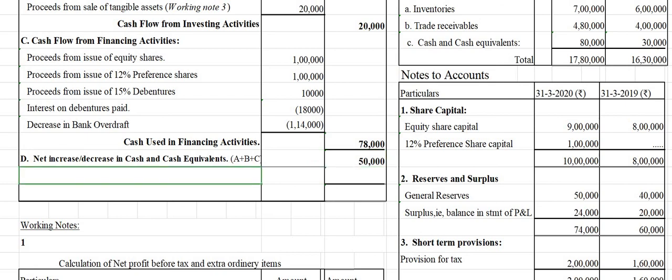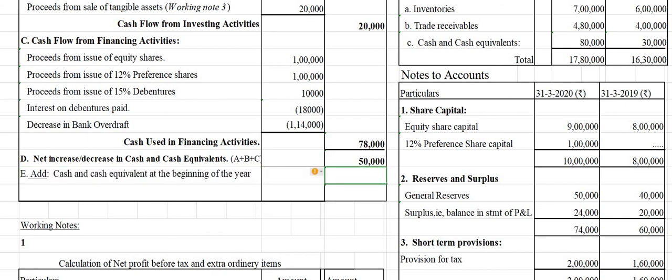So what is the next? Yes, we have to add cash and cash equivalent at the beginning of the year. That is 30,000, the opening balance. So we have to get cash and cash equivalent at the end of the year, 80,000 as the answer.